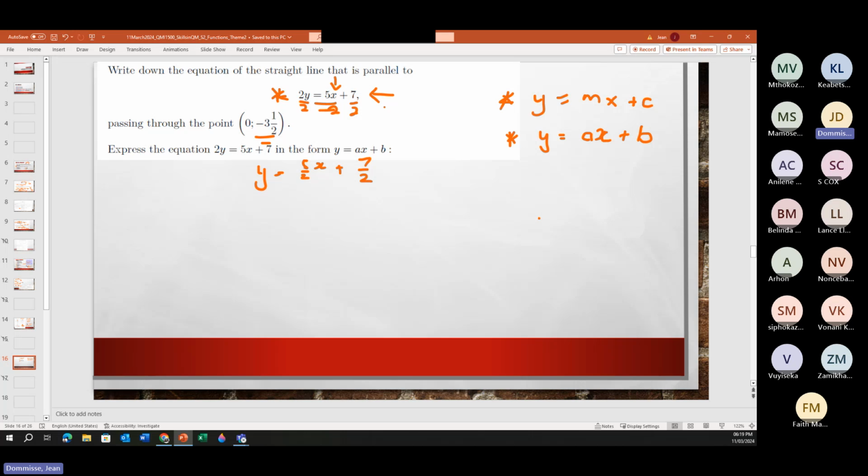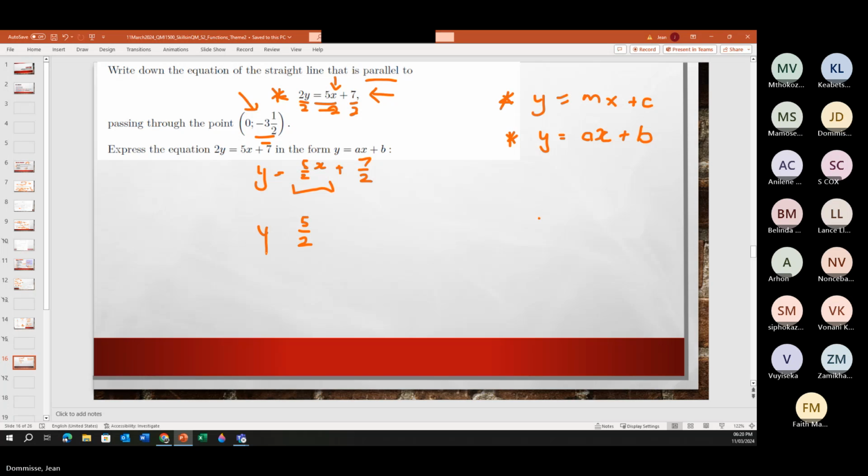What they're asking us is to give a straight line that goes through this point. So what do we know about a straight line that is parallel to this one? Your slope is similar. We don't know anything about the rest yet, but we know that the slope is similar.